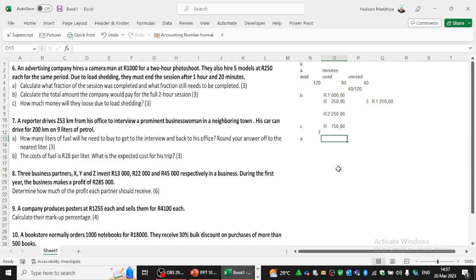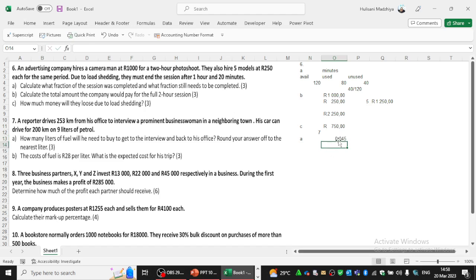So the first method is to use what we call liters to kilometers, to say how much 1 kilometer is going to take him. So if we do that, we say the number of liters that his car has, divided by the number of kilometers, the answer will be liters per kilometer, meaning it equals 9 divided by 200.